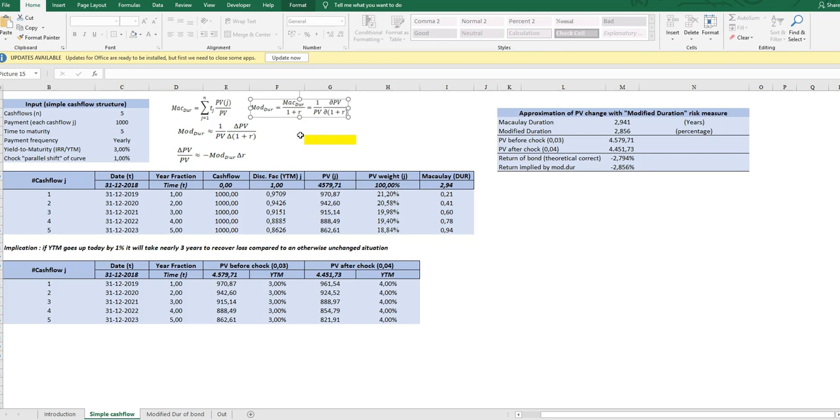And that makes, of course, the modified duration measure much more easily applicable.